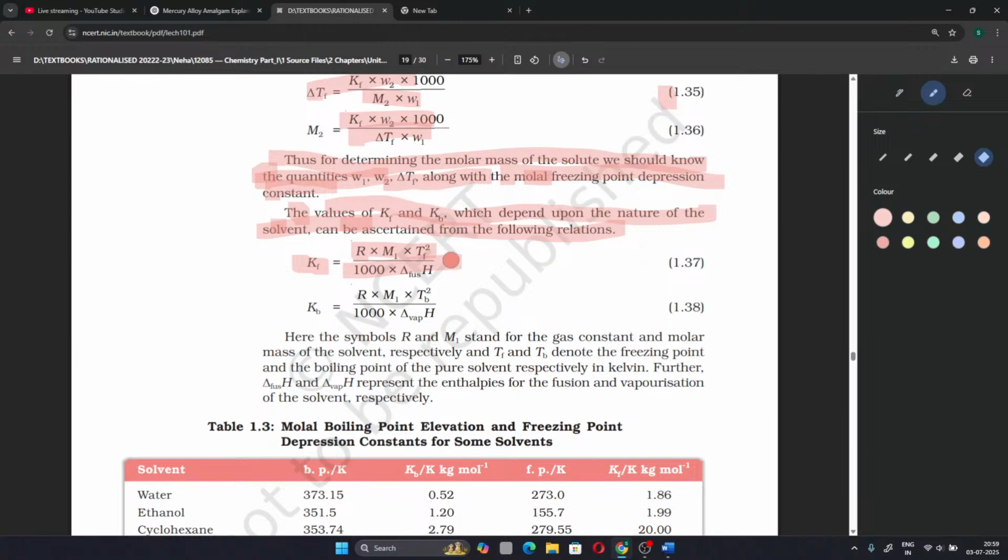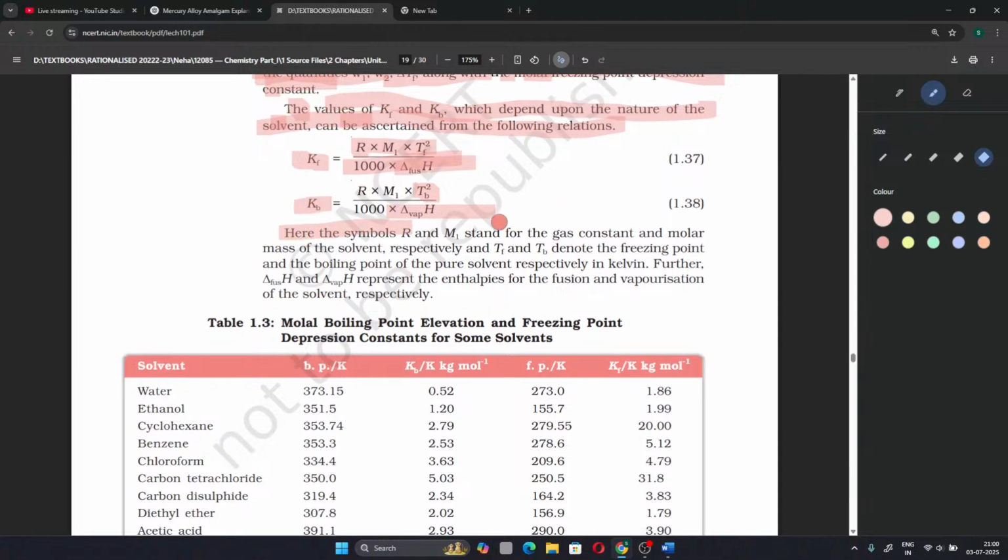Then Tf squared divided by 1000 times the enthalpy of fusion. The same formula is used for finding Kb, but with the change that the freezing point is replaced by the boiling point, and the enthalpy of fusion is replaced by the enthalpy of vaporization.